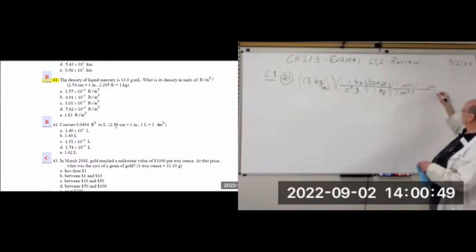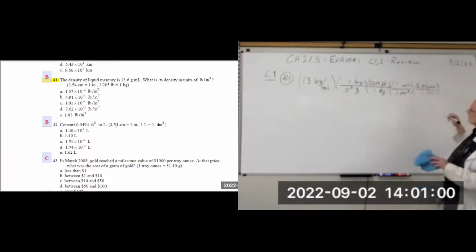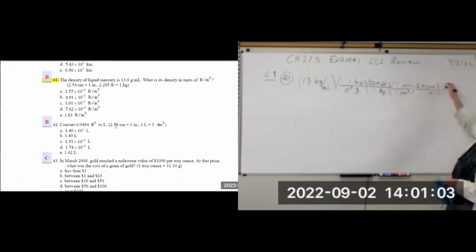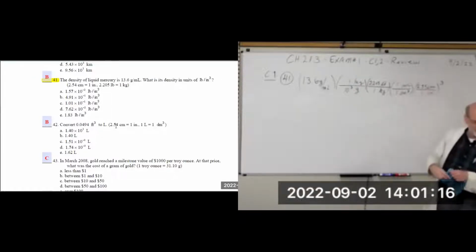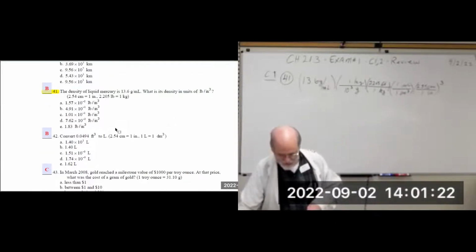All right, so we're going to get rid of centimeters and make cubic inches. And the relationship is 2.54 centimeters per inch, but we need cubed, right? We need this cubed here, and we need that cubed. So we're done. Now all we have to do is crunch the numbers. Like I say, don't forget to cube that when you're doing your calculations. All right. So the answer should come out as B, 4.91 times 10 to the minus 1 pounds per cubic inch.